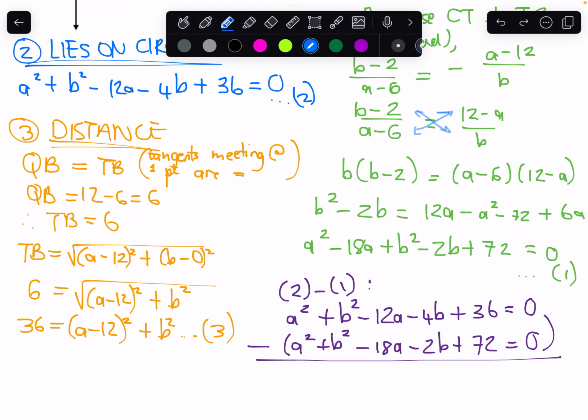And then we've got minus 4b plus 2b, which will be minus 2b. And then lastly, we've got 36 minus 72, which is negative 36.